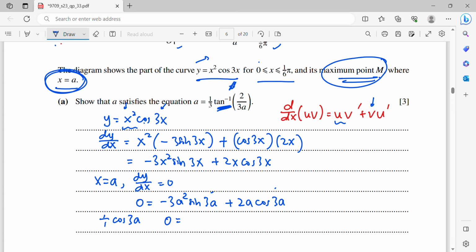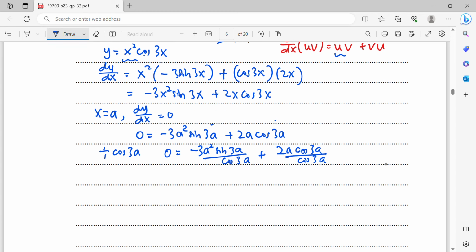So 0 equals negative 3a squared sine 3a over cos 3a plus 2a cos 3a over cos 3a. Then I will get 0 equals negative 3a squared tangent 3a plus 2a.